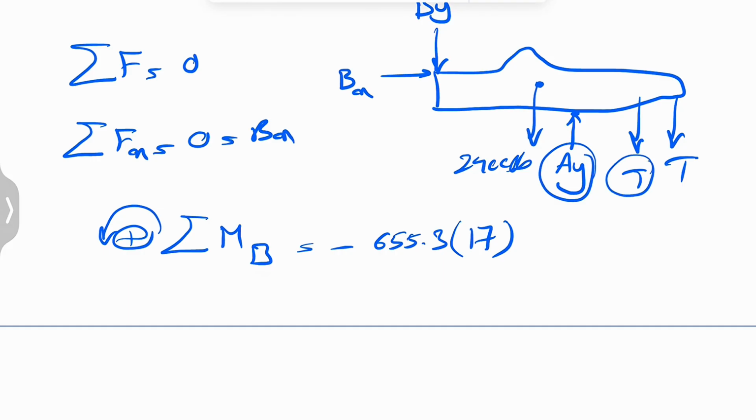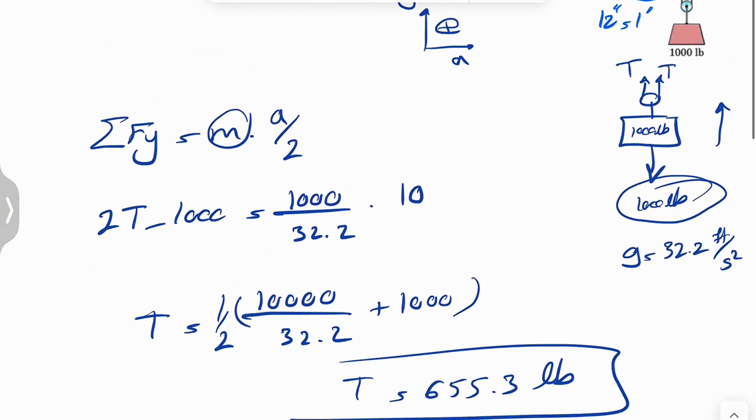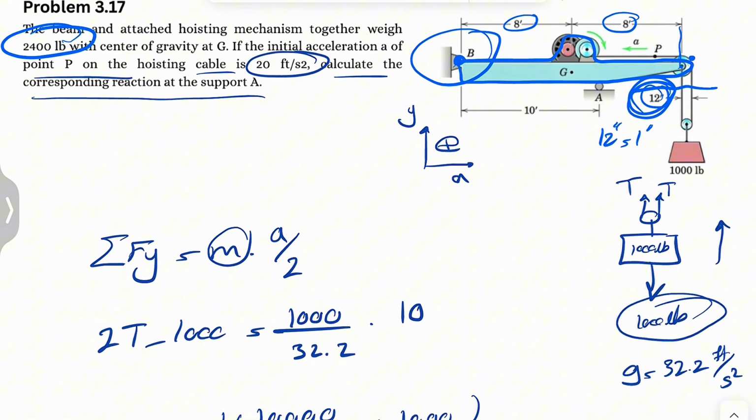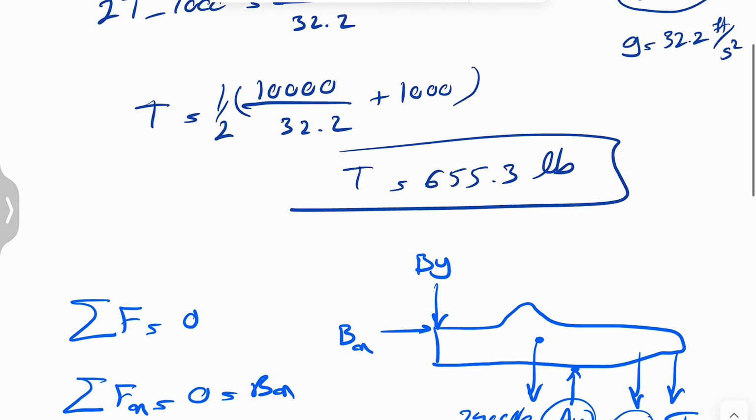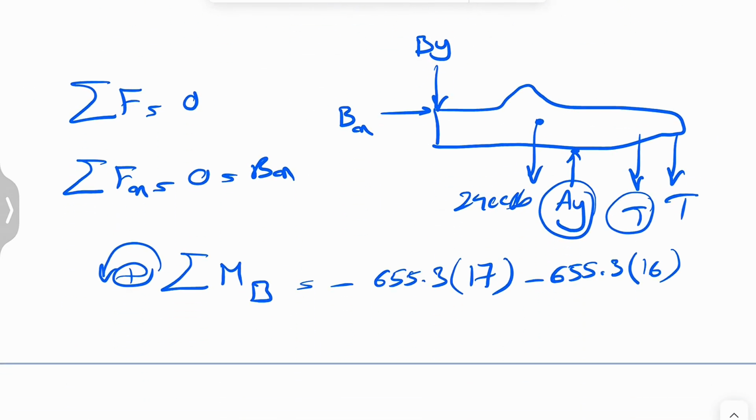We have the second T, which is also counterclockwise, 655.3. And that one is going to be exactly the distance that we have, so 8 plus 8, 16. We have the moment of the weight, which is also clockwise, so 2400.